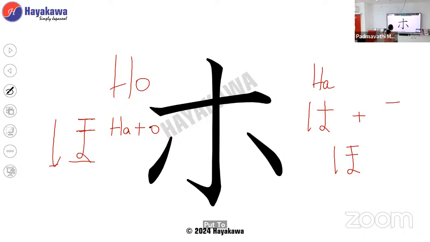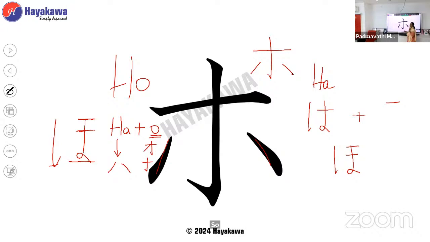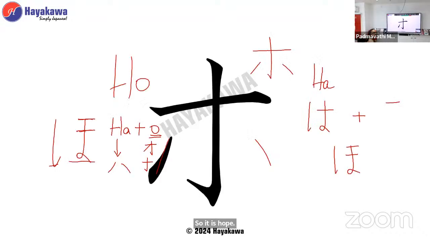So katakana ha, already you have it, these two sides, right? So katakana ha will be like this. Katakana o is like this. Now we are going to combine both. So in katakana o, I'm just going to take the first and the second stroke. So now katakana o, katakana ha. So ha plus o gives you ho. That is what we have now achieved. So it is ho. Right. So 1, 2, 3, and 4.